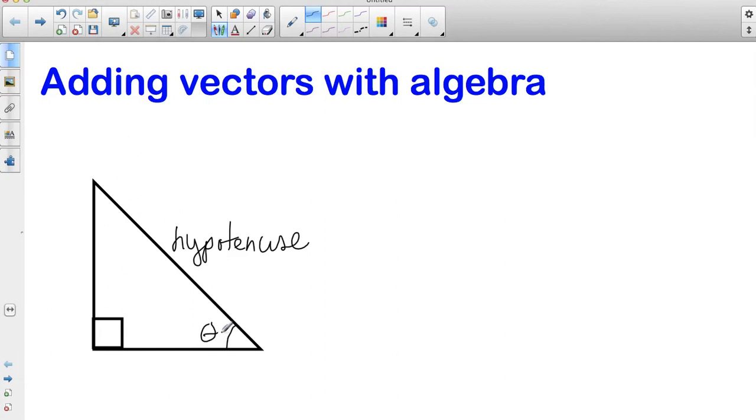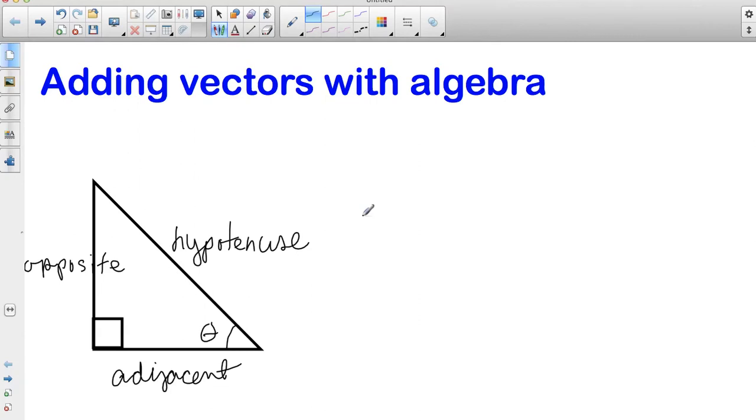The bottom leg of the right triangle, the one right next to the angle, is what we would call our adjacent side, and this one would be our opposite side. I didn't give myself a whole lot of room to write the word opposite. Those should be things you're aware of: hypotenuse, opposite, adjacent sides.